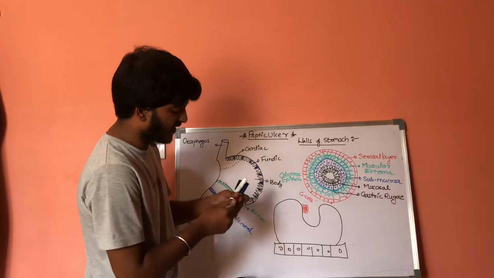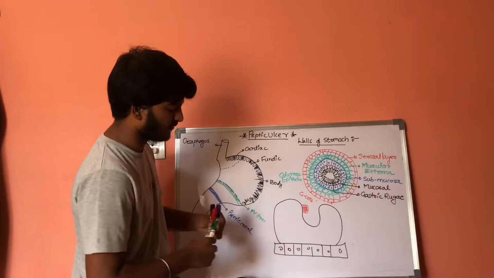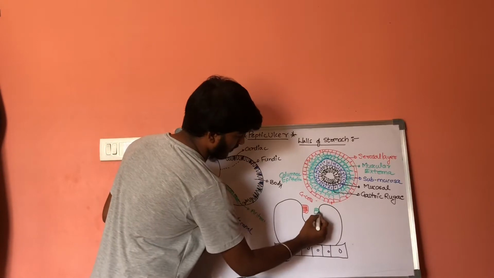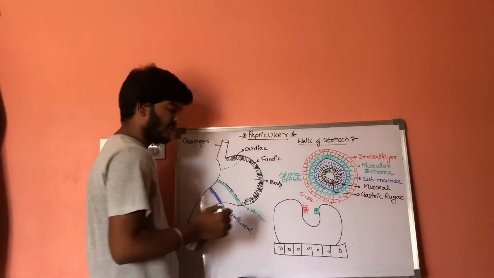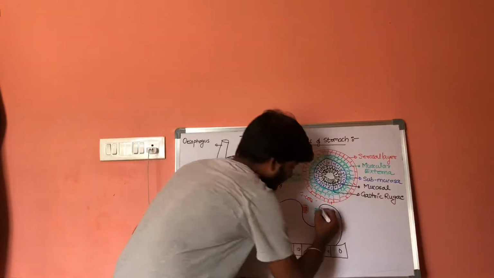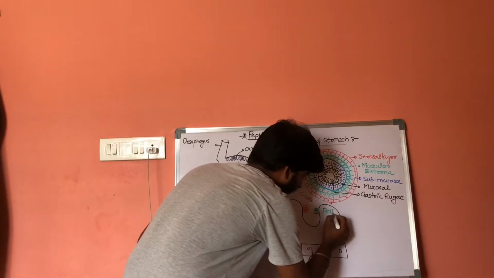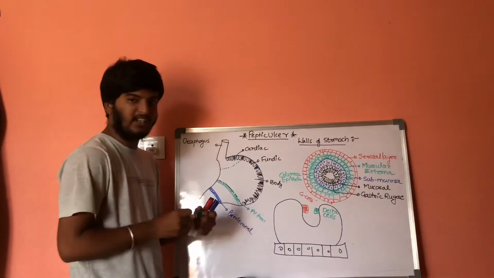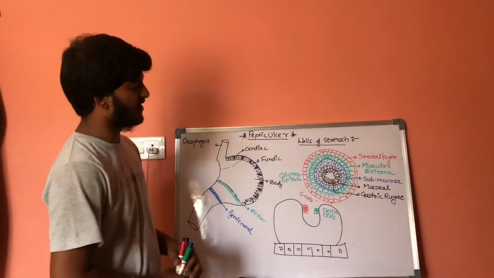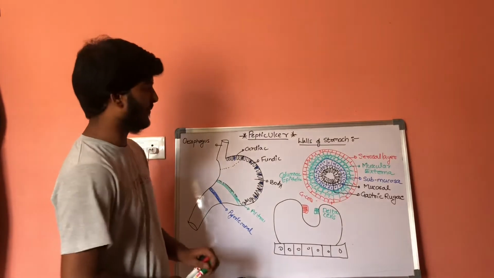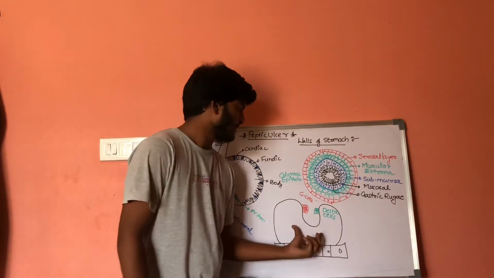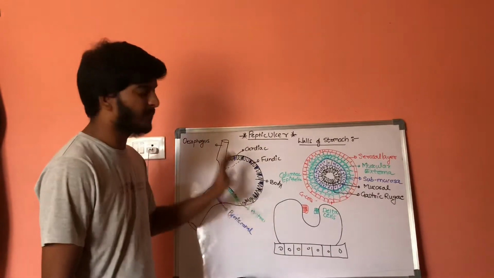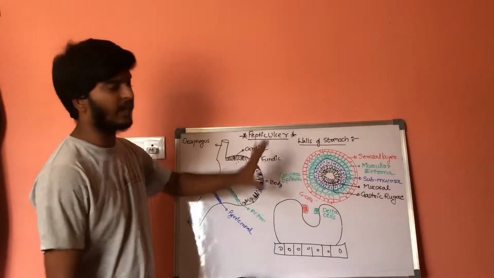And there is another set of cells present on the opposite side. These special cells are called delta cells. So this is some basic introduction about the stomach, its walls, and gastric rugae, which play an important role in the formation of stomach ulcers.